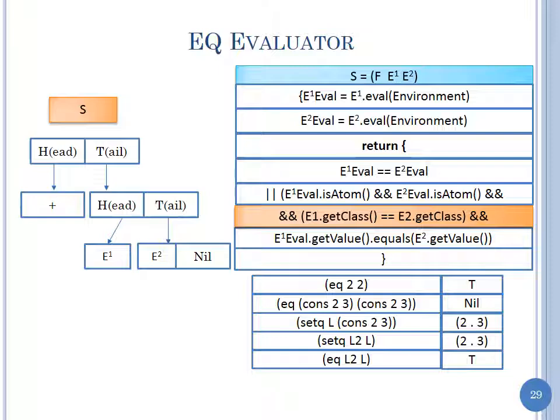And if they're not, we go and check if they're atoms. And then if they're both atoms, we can just check the get value, or we can even check the get class to be sure. And I said, you know what, I can't really see ever the get values being the same but not the get classes, and Andrew had put this in. Maybe there's some case I haven't thought of, and Andrew did agree with me. Right now your A1 doesn't even look at identifiers.